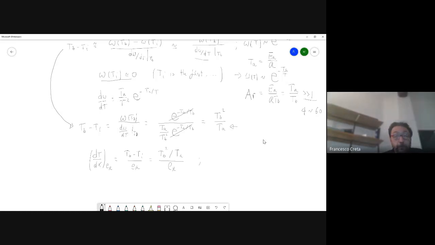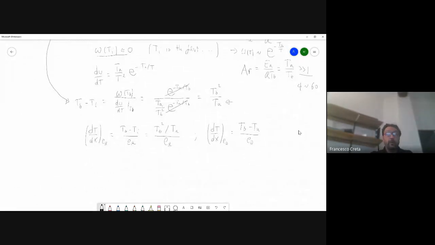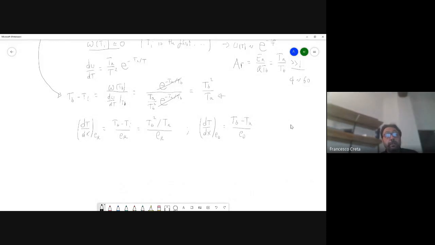And the gradient of temperature in the preheat zone, on the other hand, was TB minus TU over LD. And so equating now the fluxes, these gradients, TB squared over TA divided by LR is equal to TB minus TU divided by LD.